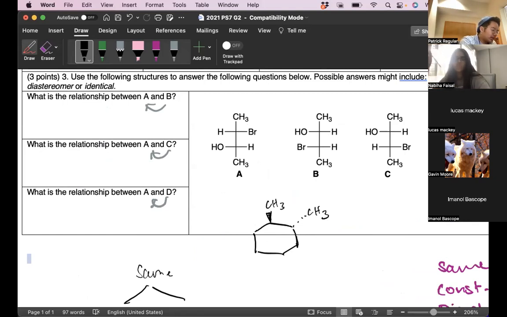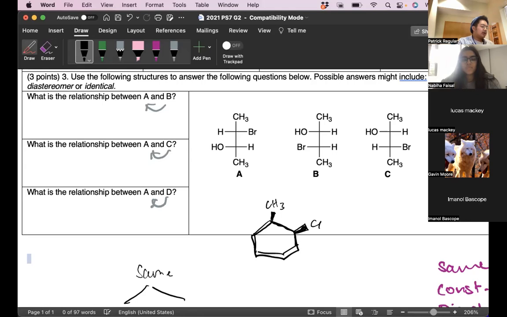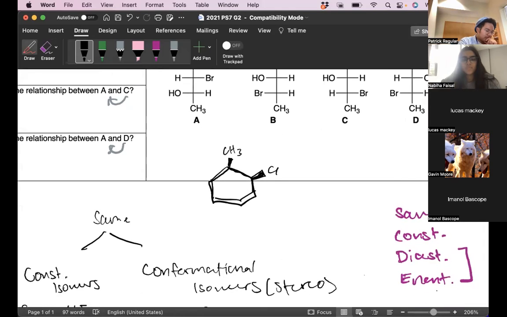If you had something like this, I'm trying to think. I have a really good example. Trust me. Cl. That's supposed to be a hexane, by the way. Let's just do a .PR, right?